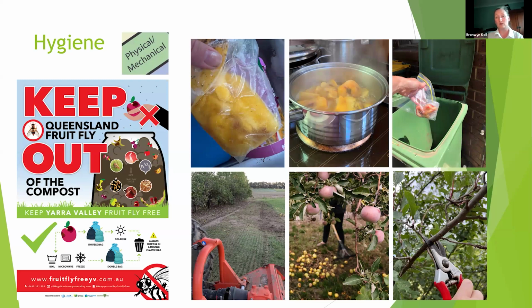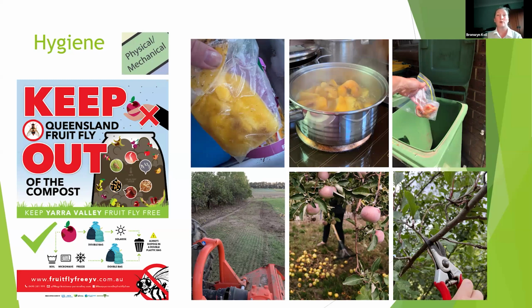The mechanical destruction of putting the mulcher or the lawnmower over the fruit can actually create inhospitable conditions for the larvae to survive, and then bring in some chooks or bring in a hot, dry day, that larvae will die before it's able to successfully pupate. So using this hygiene is a very good technique for Queensland fruit fly management. In fact, it's the number one preferred method.